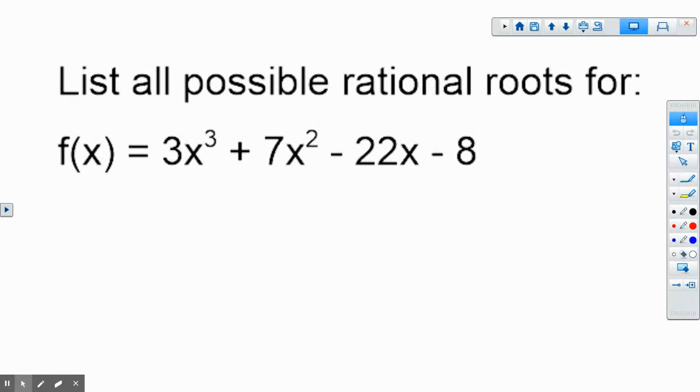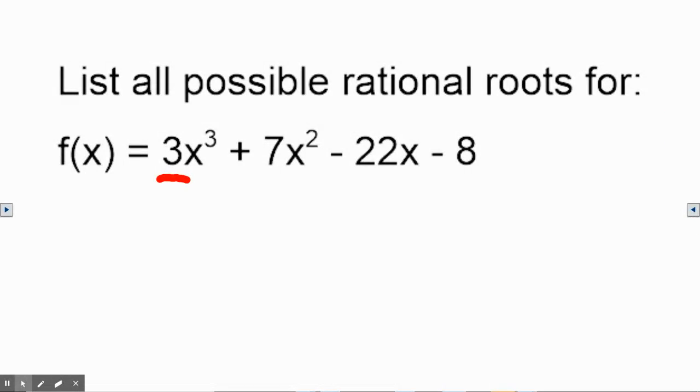So for instance, if I was to list the possible rational roots or rational zeros for this one, I would look at 3, that's the Q value, and here's the P value, the constant. This works because 3, 7, negative 22, and negative 8 are all integer values. If I had some kind of crazy stuff in there like the square root of 18 or square root of 19, it wouldn't work.